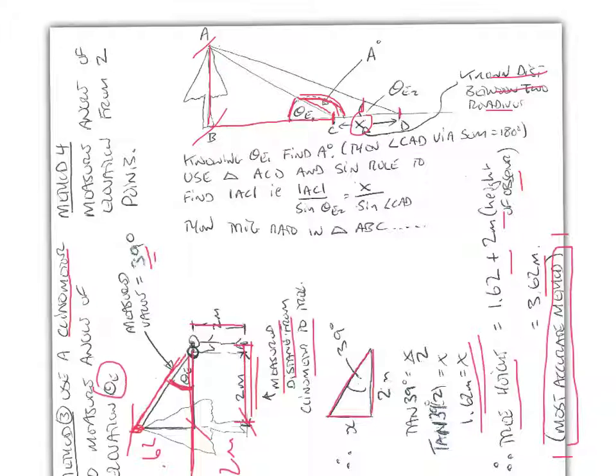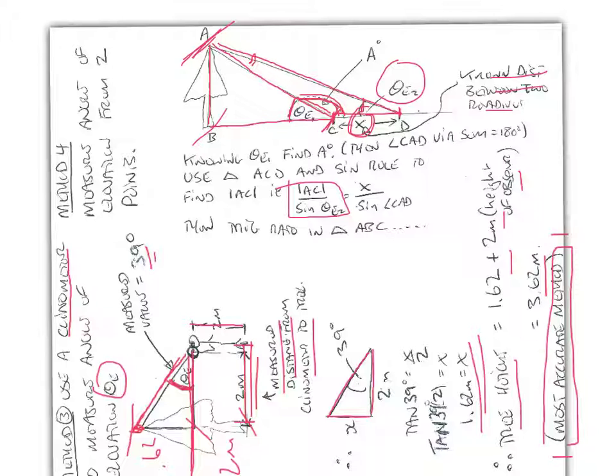Okay, and then we have a triangle ACD, and we can use the sine rule to find this length AC, because we can say that the length AC over its opposite angle, which is theta E2, is equal to the length of x, which we know, over the sine of CAD, which is this angle here.